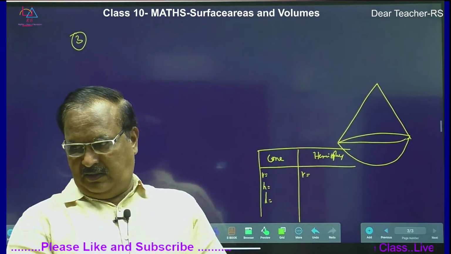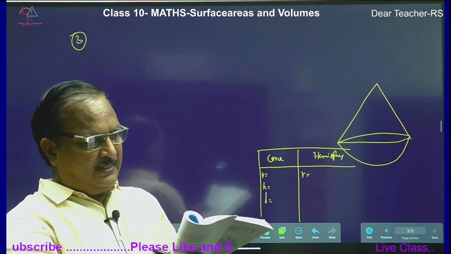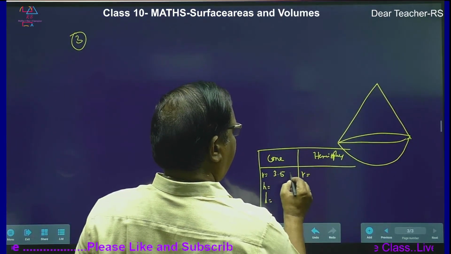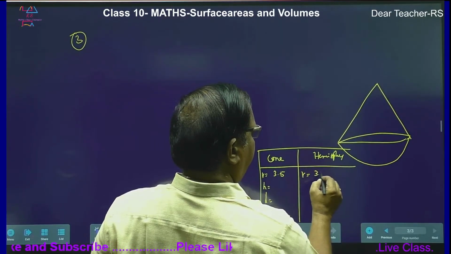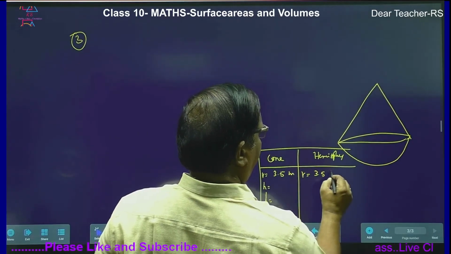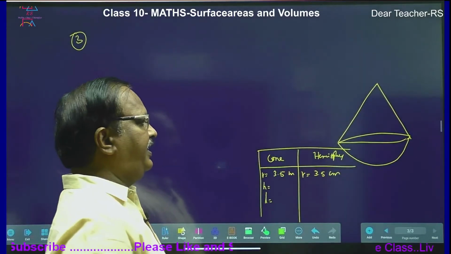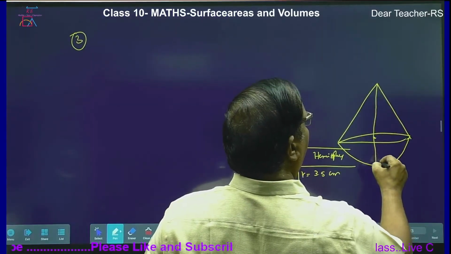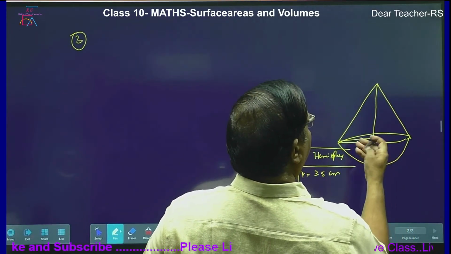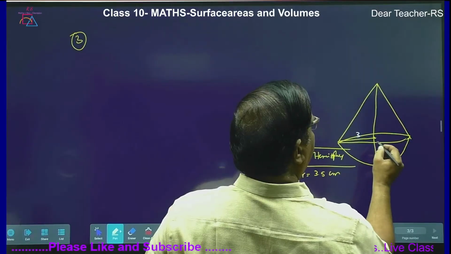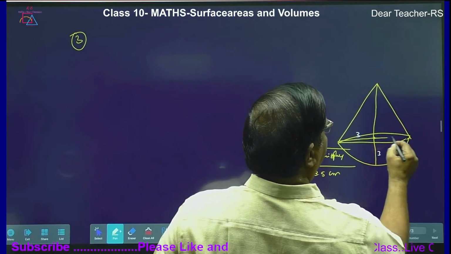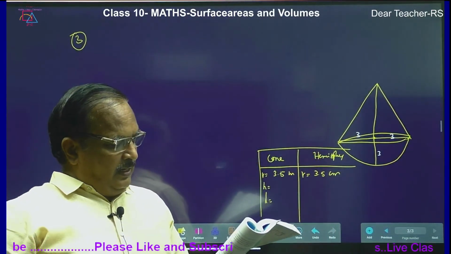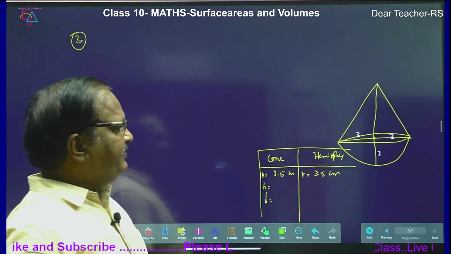So then let us understand, radius is 3.5 centimeters, and both radii are the same, 3.5 centimeters. So this is 3.5 and this is also 3.5. Hemispherical height is also equal to 3.5. Okay, and the total height is 15.5.